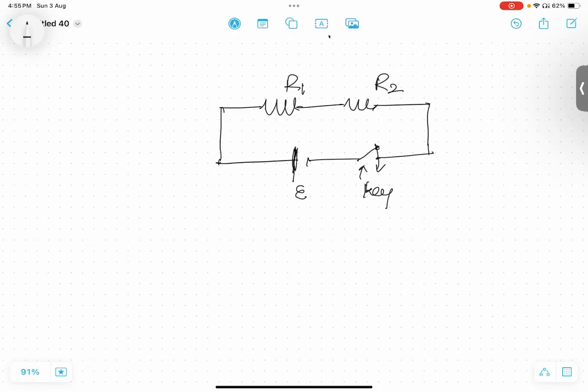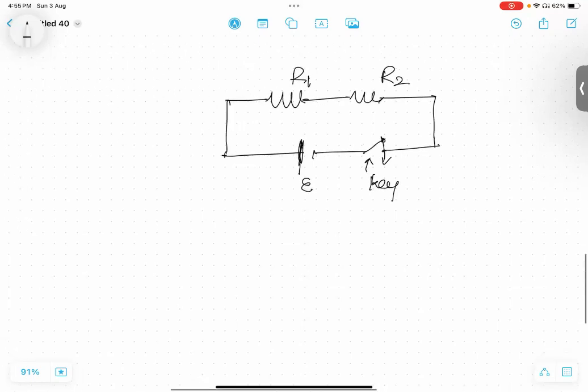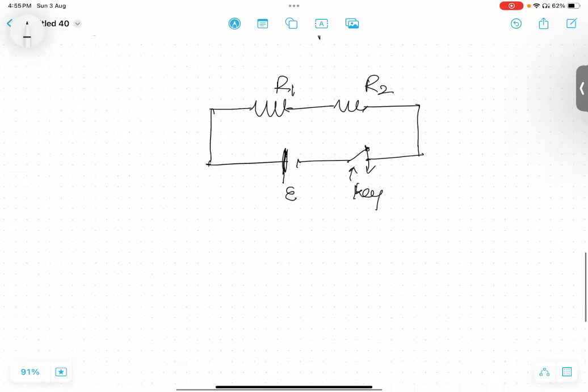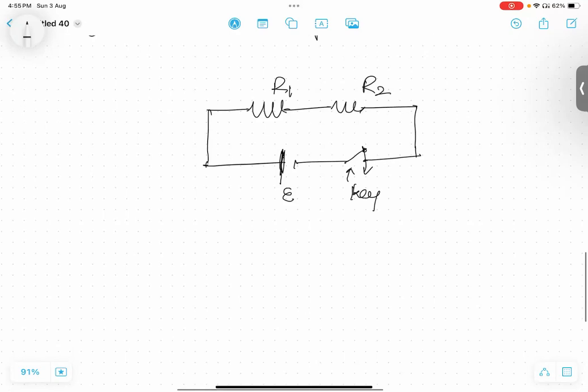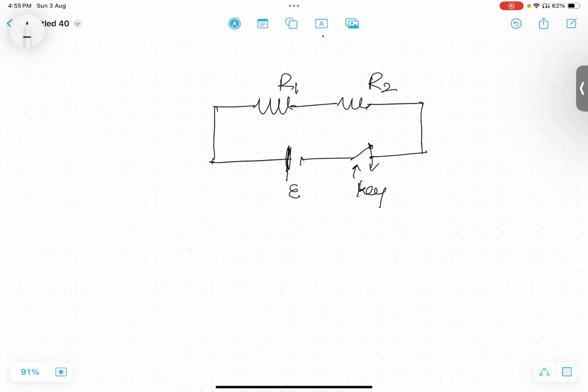How to apply Kirchhoff voltage law? First, we will assume the direction of current coming out of the battery. We can assume any direction; if our assumption is not correct, then we will get a negative sign in the value of the current. So I will assume my current in this direction coming out of the positive terminal, and it is going through these two resistances and it is coming back to the battery.